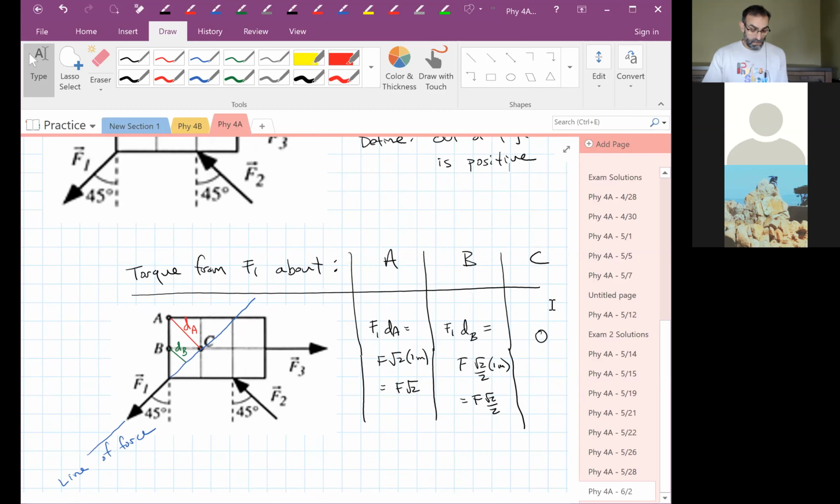So F1 acting on this object, what does the torque about axis A want to do to it?